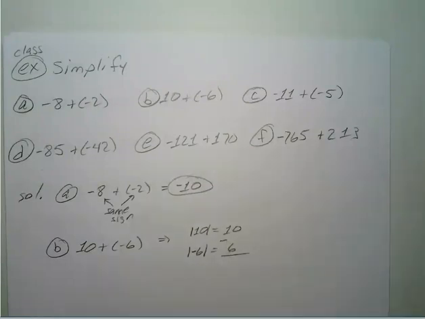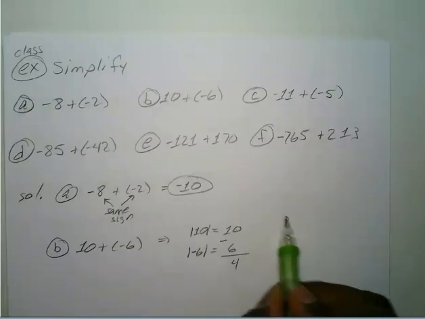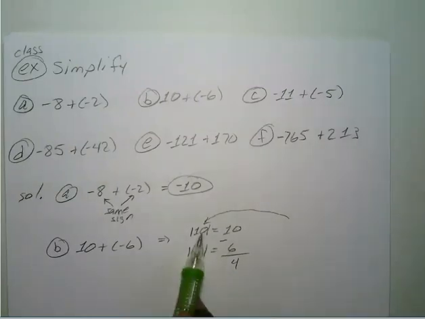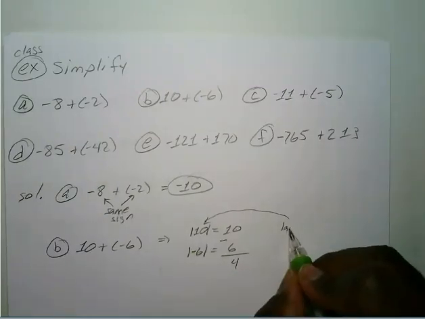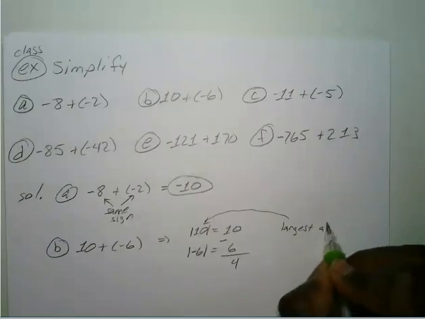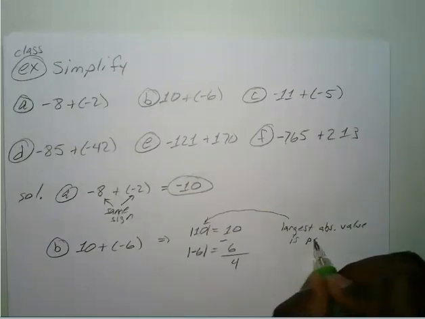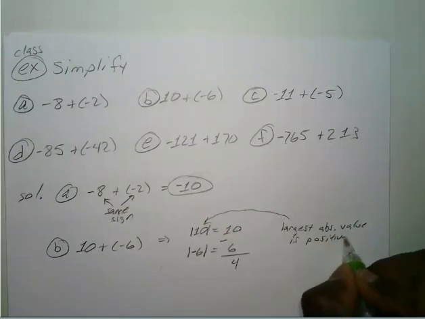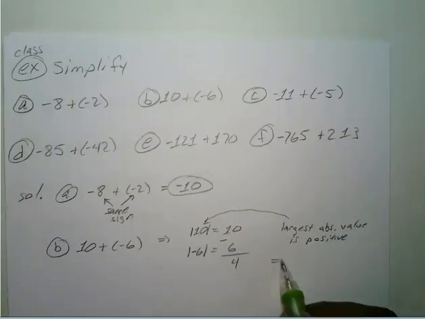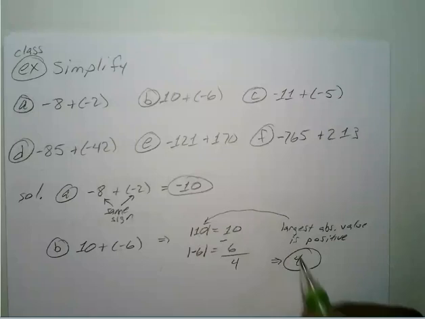So we subtract: 10 minus 6 is equal to 4. Now we see here that our largest absolute value is positive, so this 4 just stays as a +4.